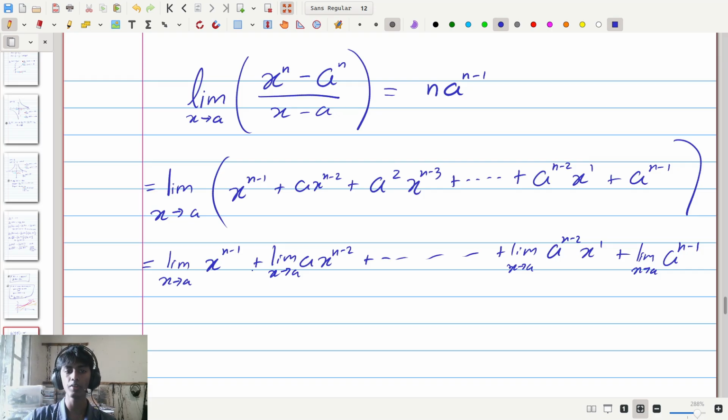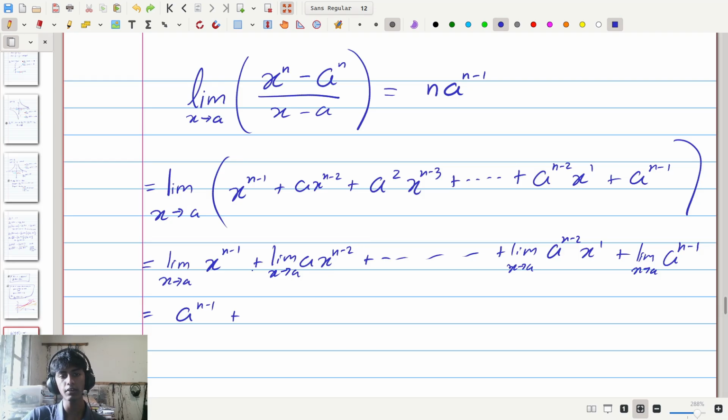So over here, we can substitute a into this one. Right here, we can substitute a directly because this is a polynomial. Substituting a directly into here, we have a to the n minus 1 plus. The next thing is also a polynomial. We have some power of x.